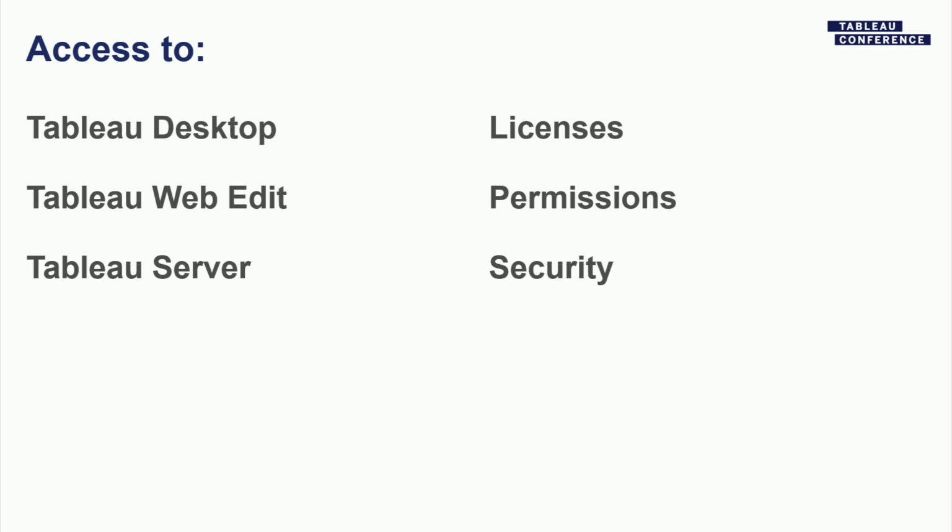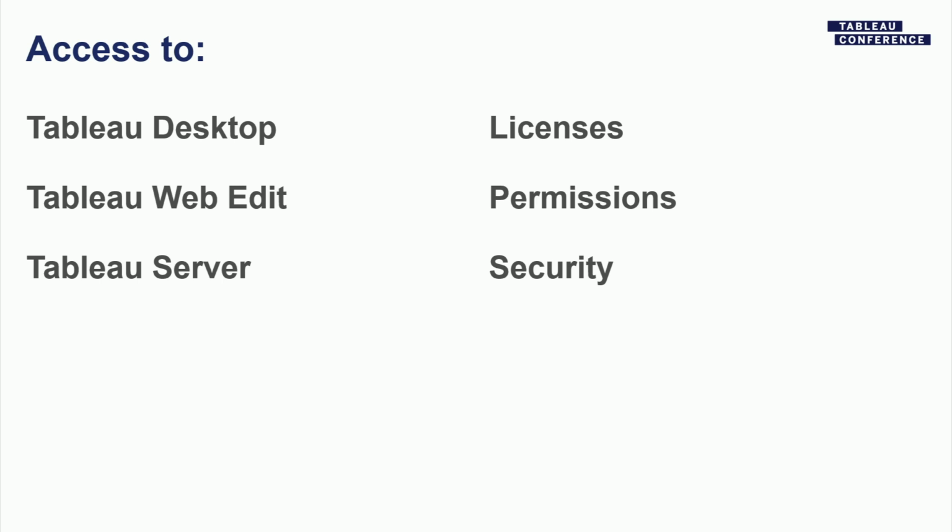Well, you want to make sure that you increase visibility in your server while still securing the data at its root. So how do we do that? We can deny access to Tableau Desktop, we could deny access to Web Edit, we could deny access to Tableau Server. If we deny all of those things, then how much adoption do we think we'll get? Not much.